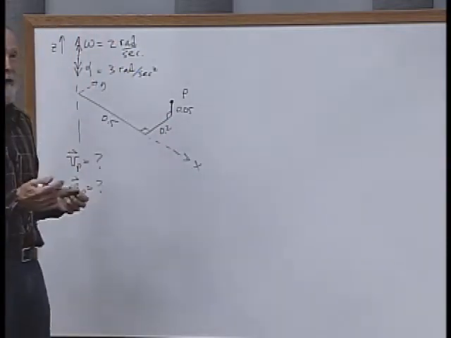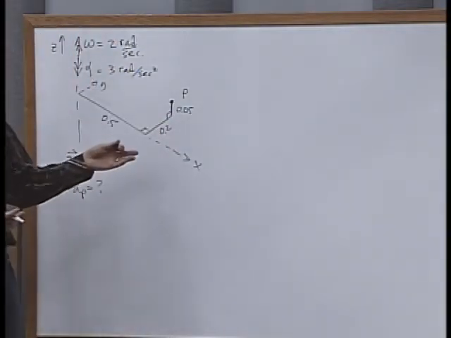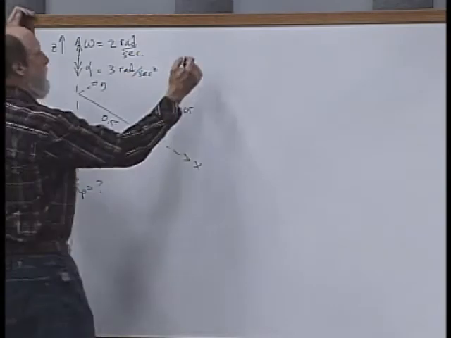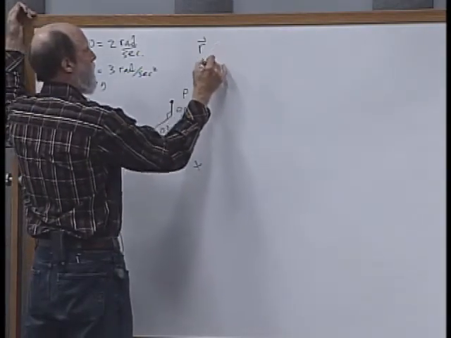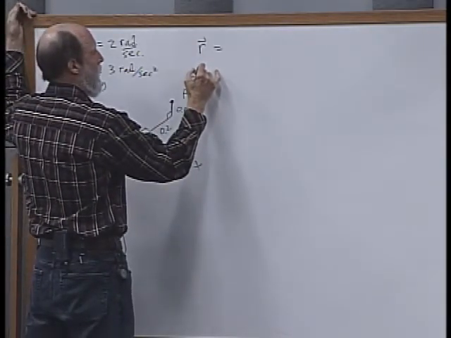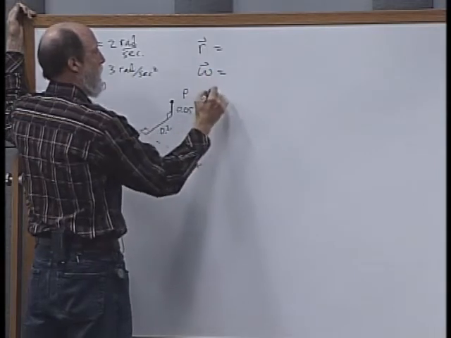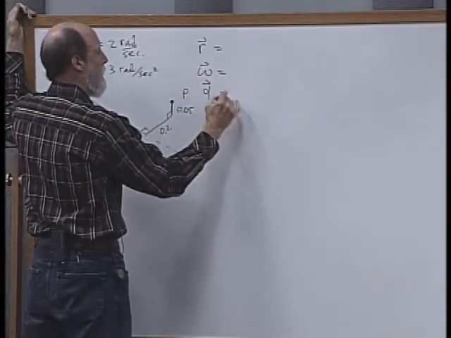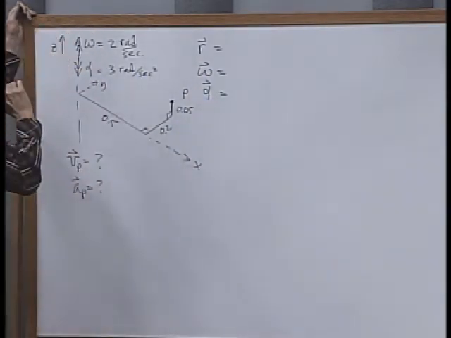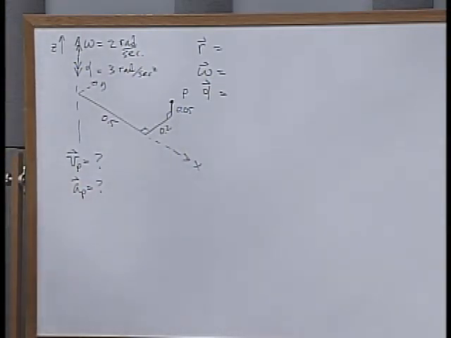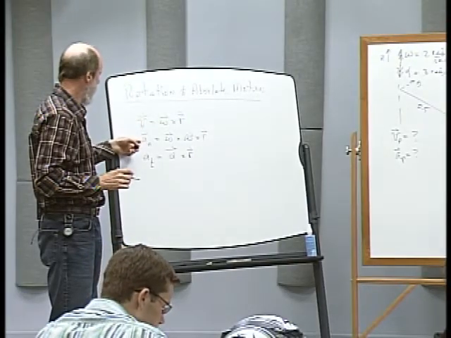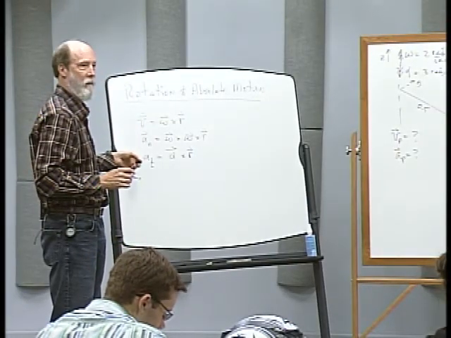So what we need to be able to carry this solution out is we need to form the position vector. We need to form the vector for the omega and alpha. And those are the components that make up the velocity and acceleration components for us.